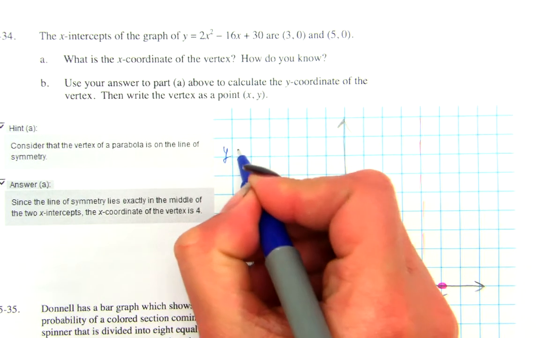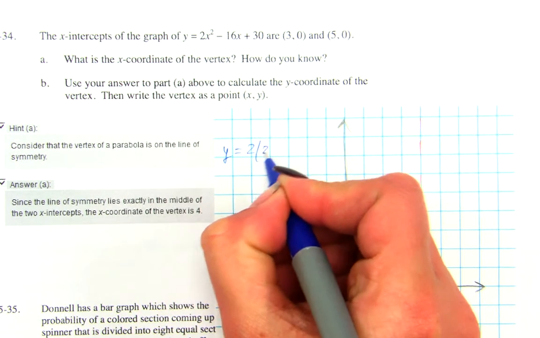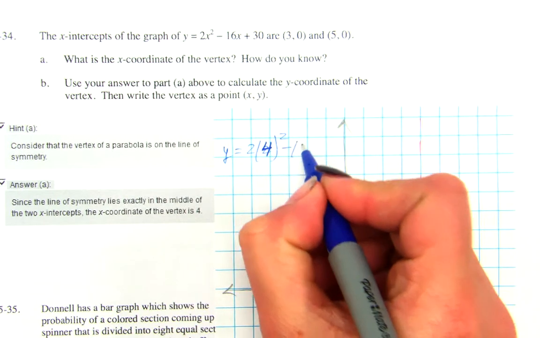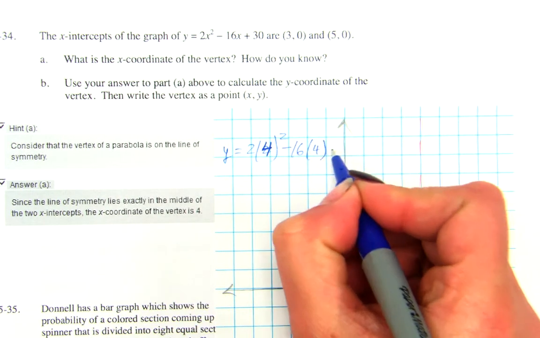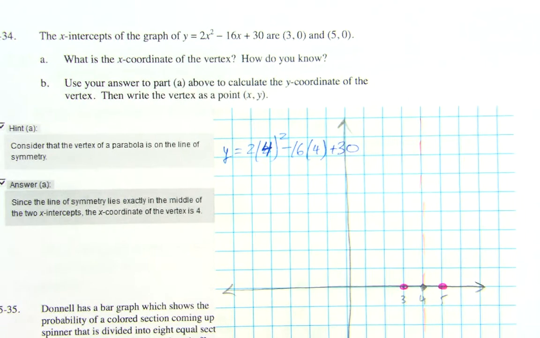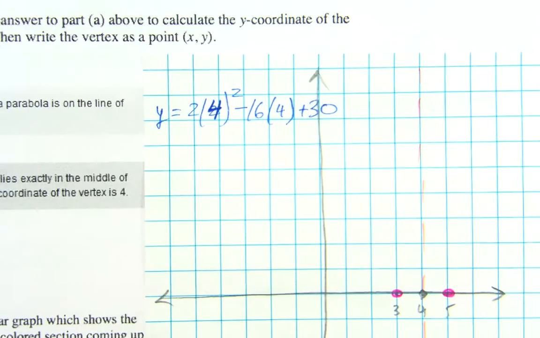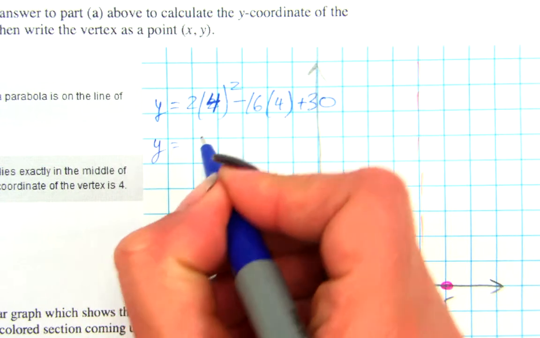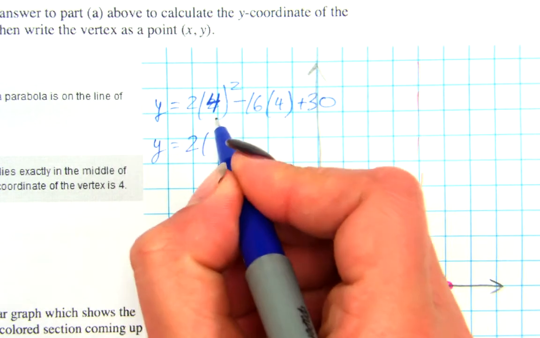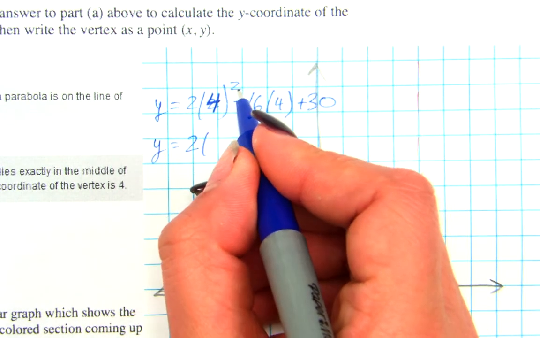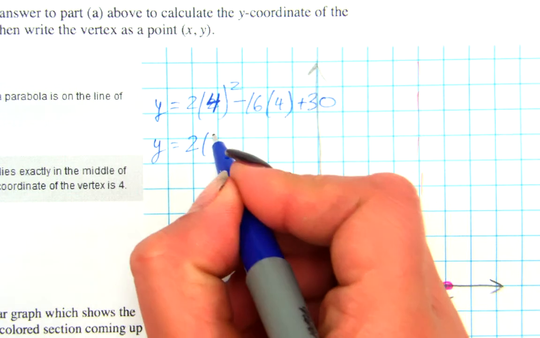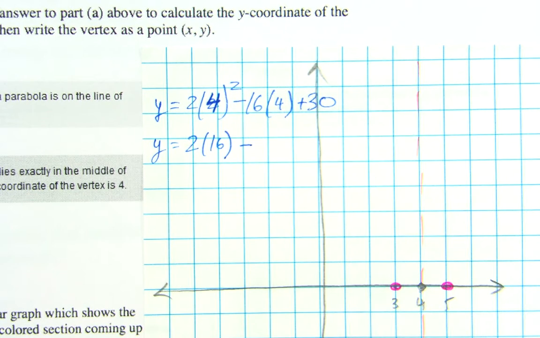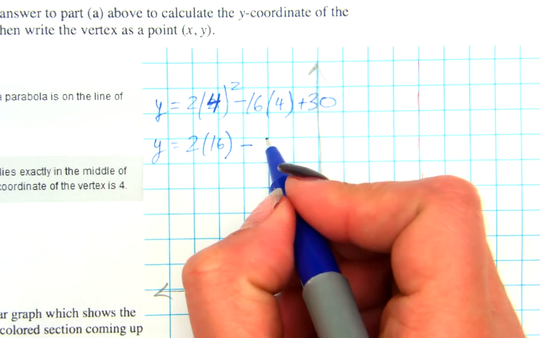So we have y equals 2, and then we plug in a 4, squared, minus 16 times 4, plus 30. I'm going to go really quickly on this, so you can follow along if you don't. First of all, it's not 2 times 4 squared, obviously. It's 4 squared, so that's going to be 16. Minus 16 times 4, I'm pretty sure is, what is that, 40?